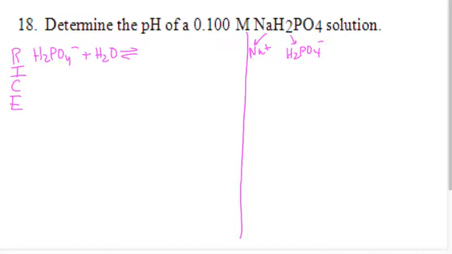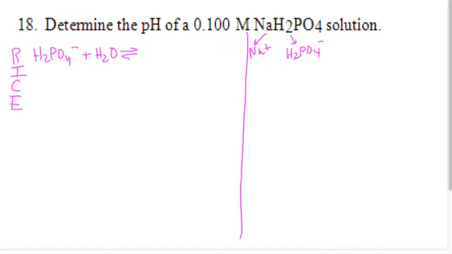That's a possibility. But can't something else happen? Yeah, it sure can. That H2PO4 minus could donate, making H3O plus and HPO4 minus 2. That's the problem. So we've got to figure out which one happens.